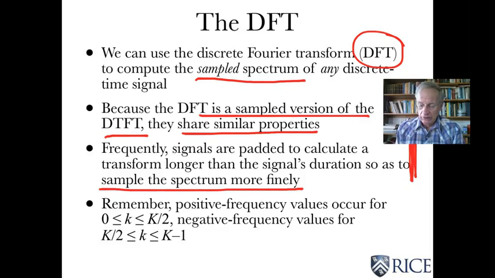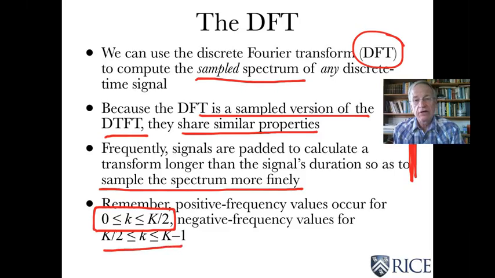Now, another little fact which comes up in practice, remember that positive frequency only goes from 0 to capital K over 2. If you look at the spectrum, which is what the DFT functions will do, for higher values of k, they're just going to be a mirror image of what happened for the positive frequency side, from 0 to K over 2.